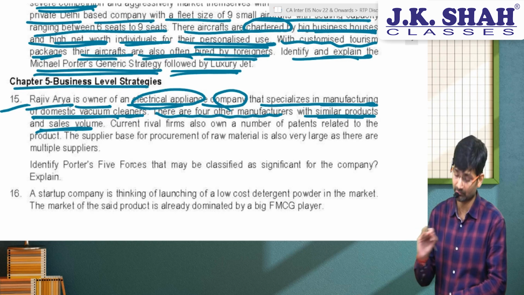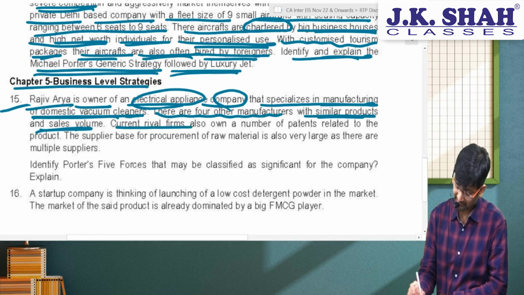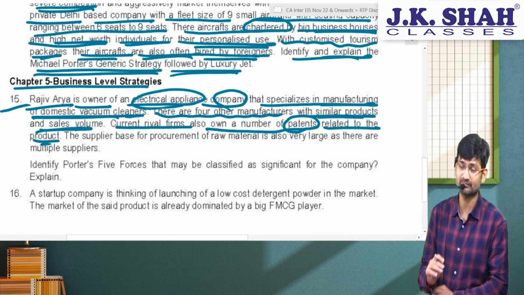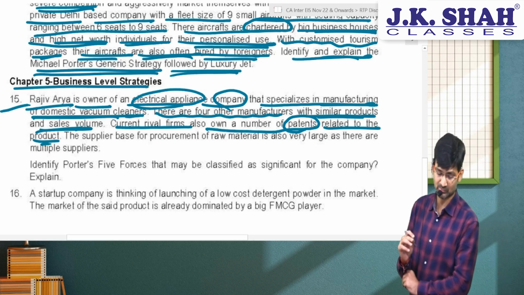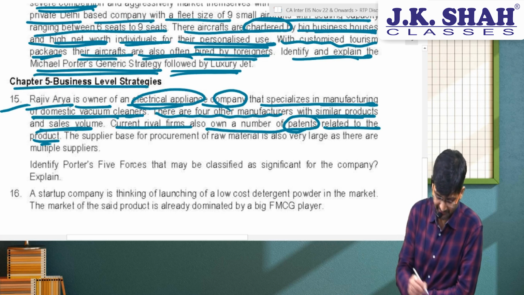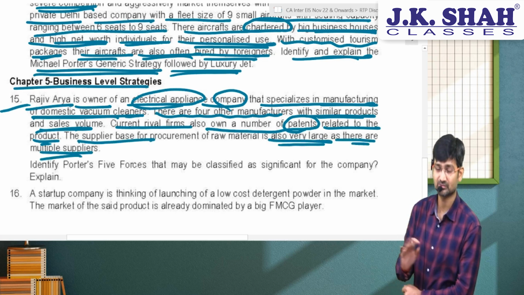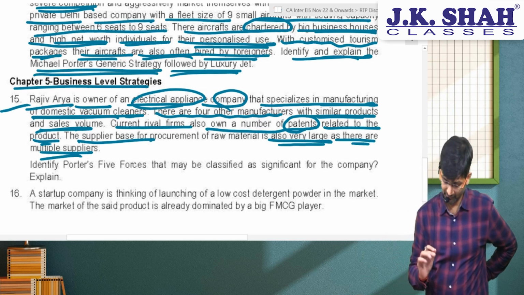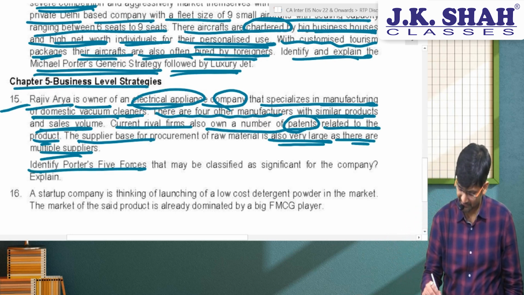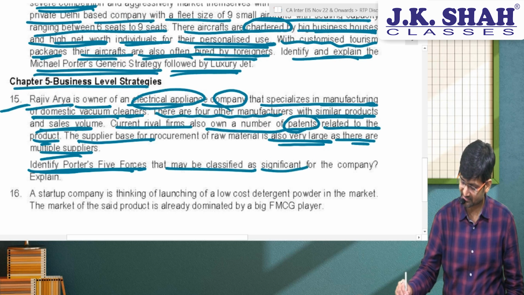So it's a competitive industry. Rival firms also own a number of patents relating to the product. So we have patents, which means new entrant risk is low. Supplier base is also very large as there are multiple suppliers, so there's no pressure from suppliers. Identify Porter's 5 forces that may be classified as significant for the company.